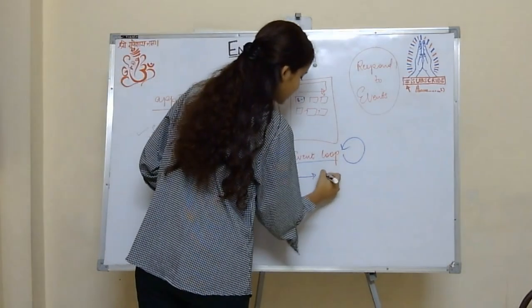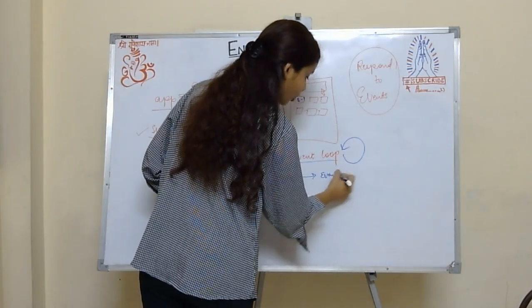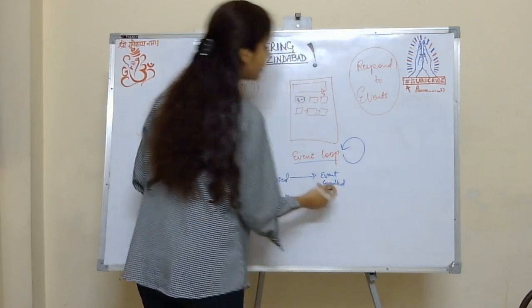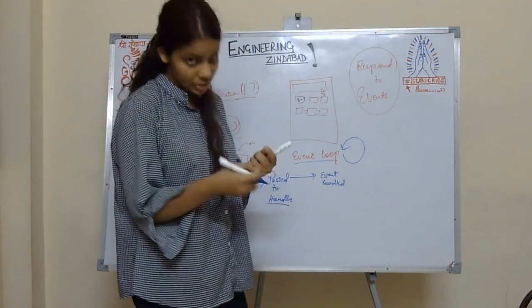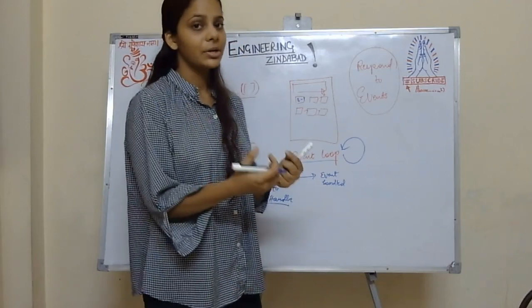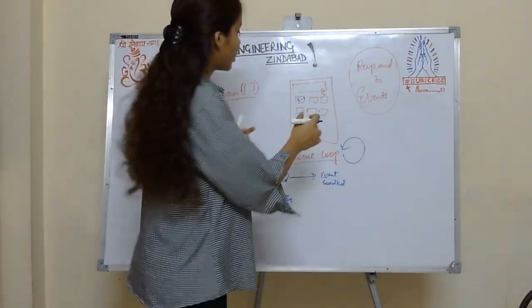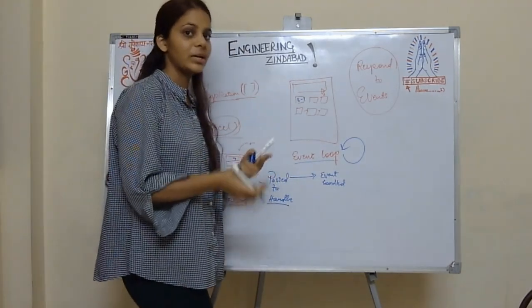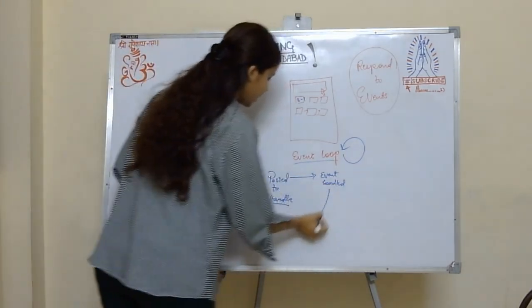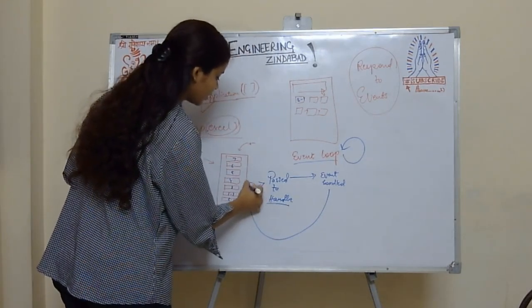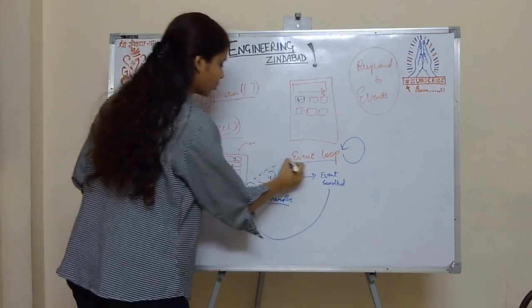After that, the event will be handled accordingly, and the user is responded to with whatever the function is written to do. Whatever is written inside the function, that execution is done. And finally the control comes back to the event loop.